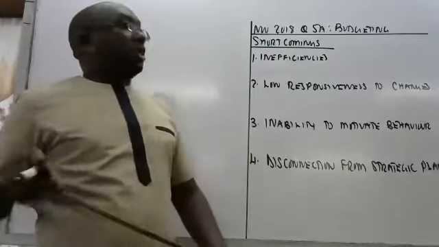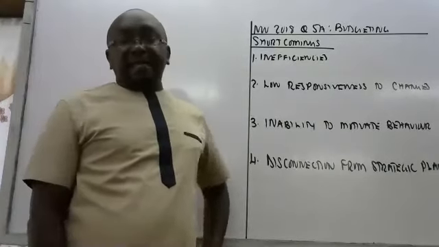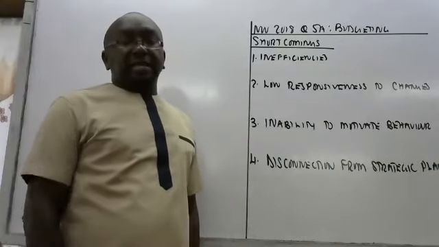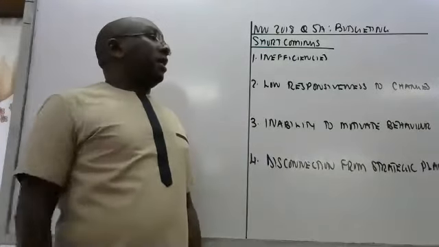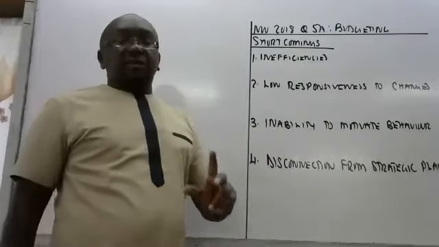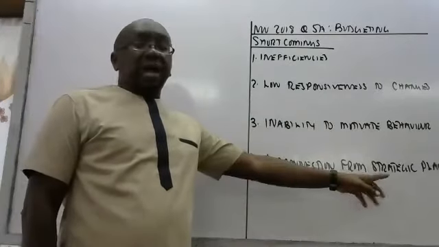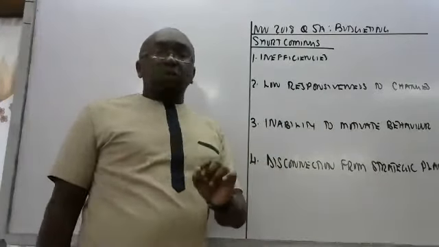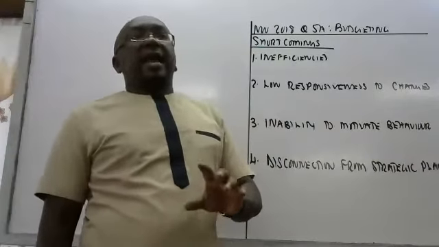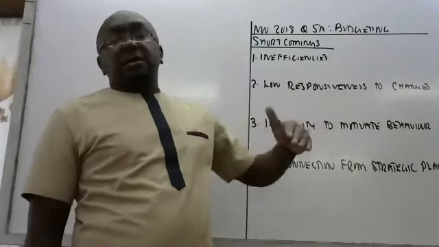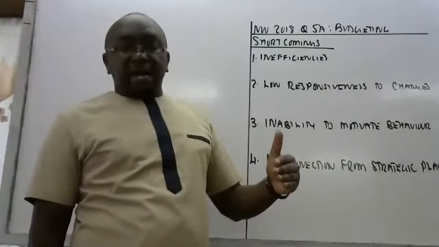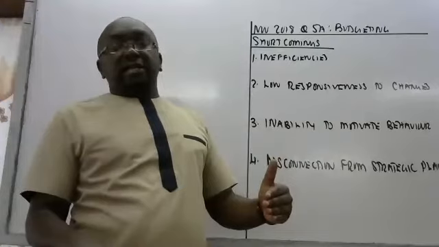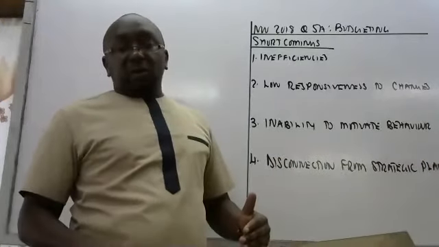Now, you know the maximum period for a budget is 1 year. So if you are just budgeting for 1 year, you are likely to be disconnected from the strategic plan of 5 years. Not unless you become very smart and tell us the 5-year milestones we are achieving per year. So this year, tunaonyesha what we are achieving.